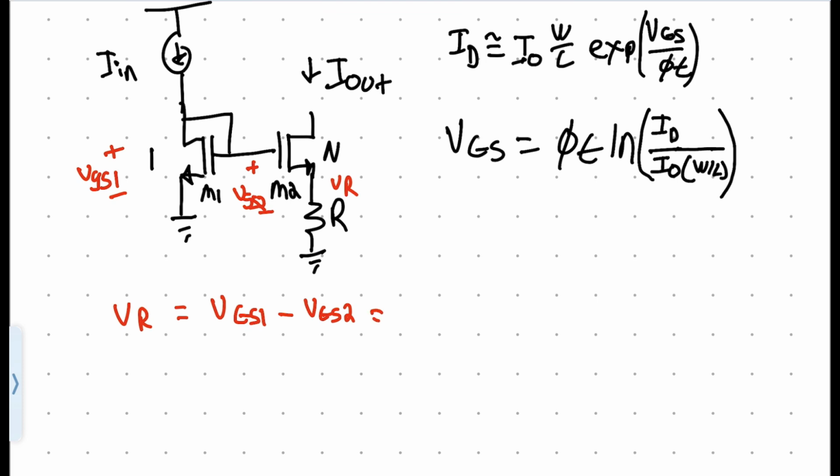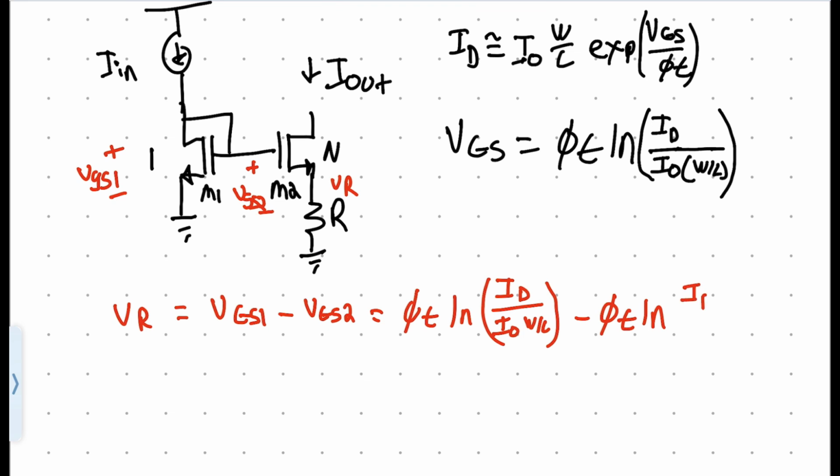And using the expression that we just calculated, what this works out to be is phi t natural log of ID over I sat W over L, minus phi t natural log ID over I0 times N W over L.